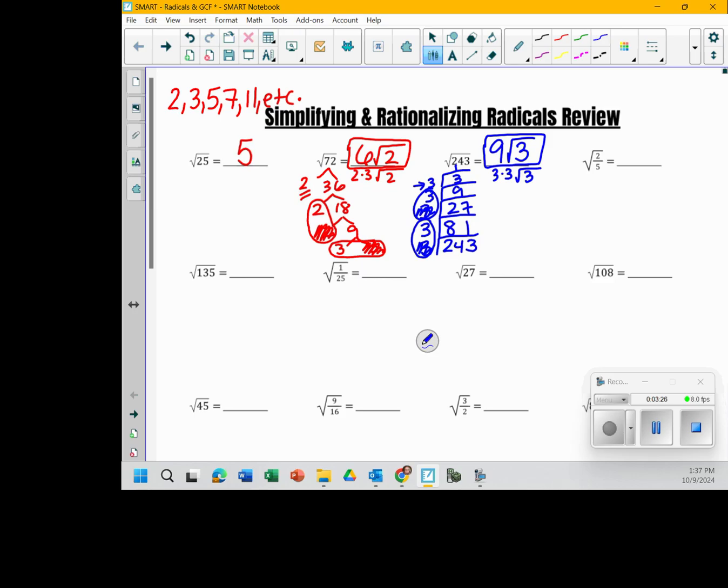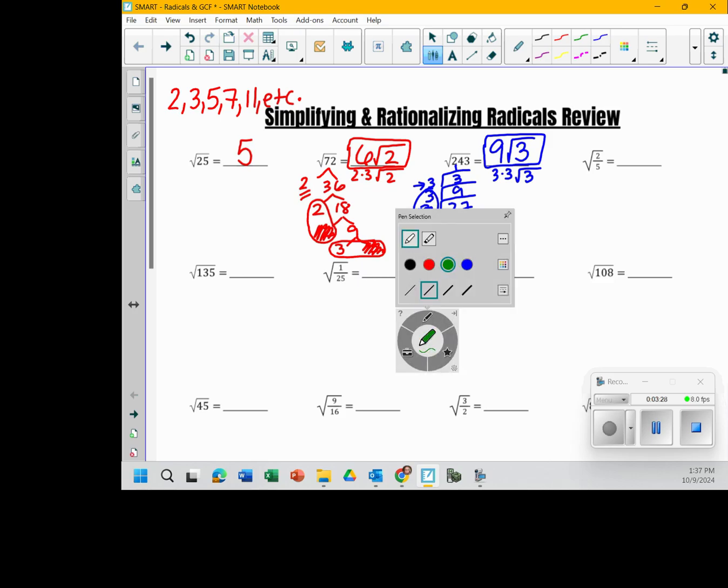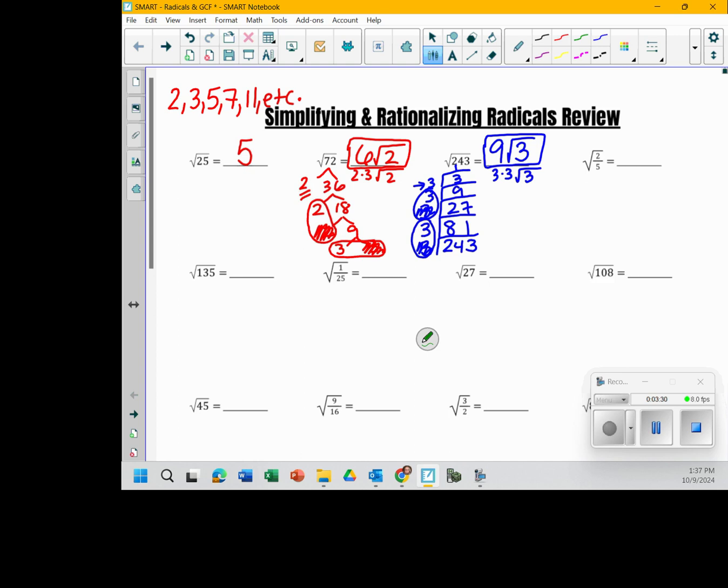I'm going to go ahead and jump over here to the square root of 108. Okay, so I'm going to jump here just to show you one other method. The other method is to just look at a number and think what multiplies to 108.